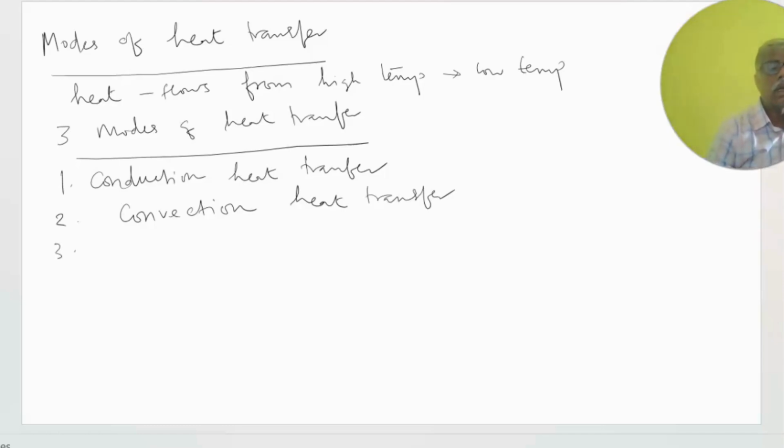And third is radiation heat transfer. Let us discuss one by one. First, let us consider the mode conduction heat transfer.